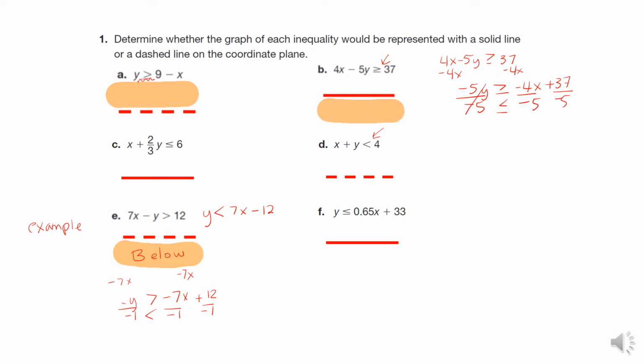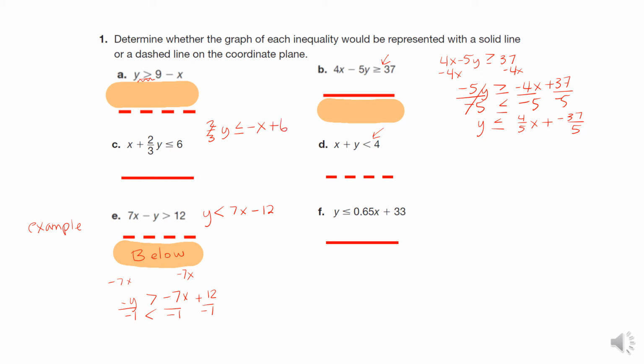And I'm going to get y is less than or equal to 4/5 x. And I'm not going to bother switching this because we're only worried about the graphing. And so you can see it flipped to less than. Okay, let's do C. We're going to subtract the x, so we get 2/3 y is less than or equal to negative x plus 6.